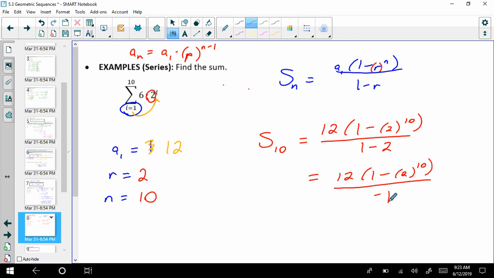And now you should be able to enter this in all at once. Just use the parentheses where the parentheses are supposed to be. And if you do it correctly, this should be the grand total that you should see. Again, just put the parentheses in where they are supposed to be so that the calculator does the order of operations correctly.